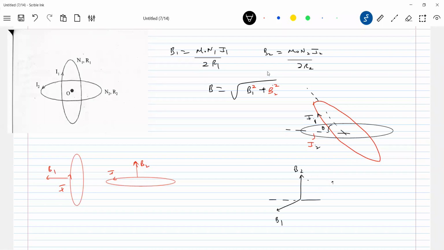Try to look, I made some corrections. Due to only ring 1, if you find it difficult, draw individual diagrams. So how should the B bar be upward? For this particular ring, the red color ring, B bar should be in this direction, no? B1 bar. Look at the angle between B1 bar and B2 bar. Theta is the angle between the planes of the rings.